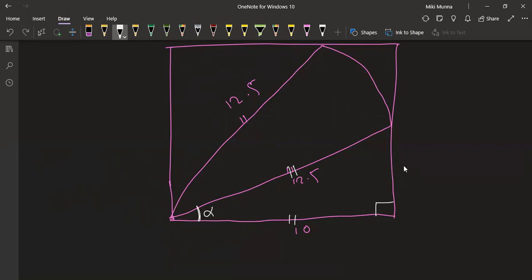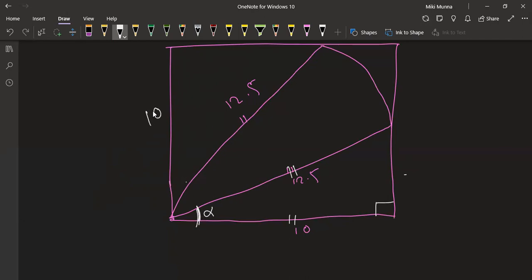We don't actually need to find the opposite length. We just need to find the alpha in this case, because this is alpha, this is alpha.